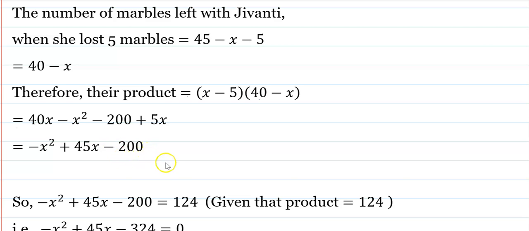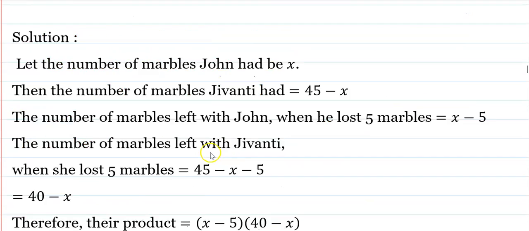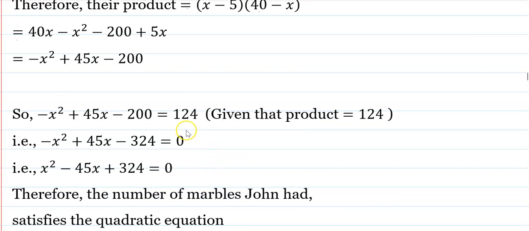And after that, their product was 124. The product is given. Now transfer this 124 to the left hand side. That will become minus 200 minus 124, that is minus 324. Now change the sign: x square minus 45x plus 324, and that's equal to 0.